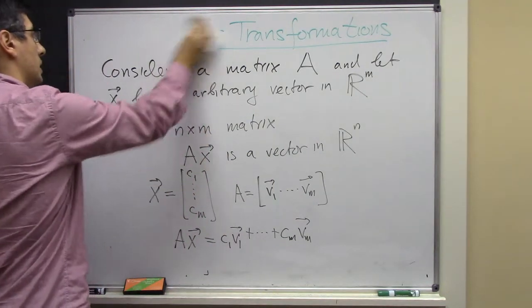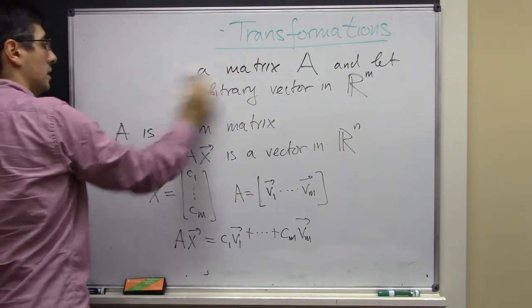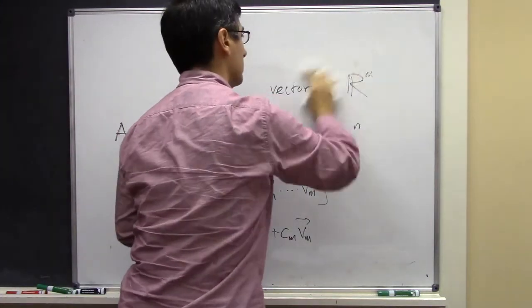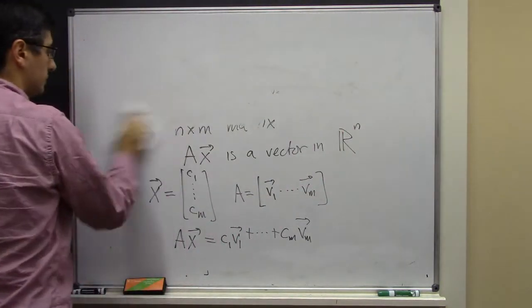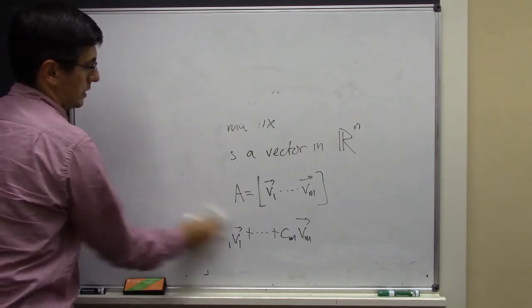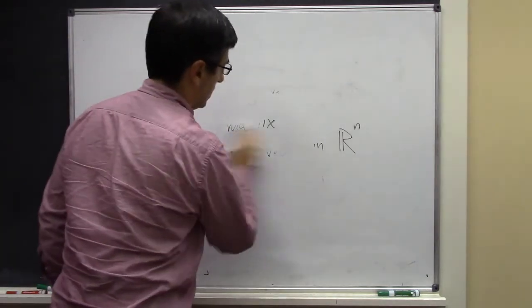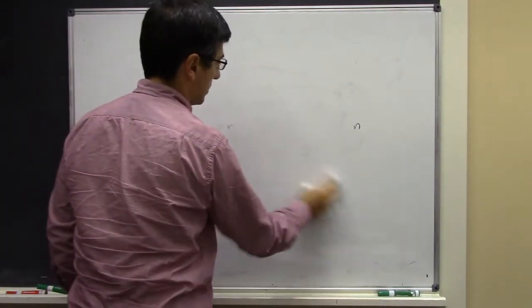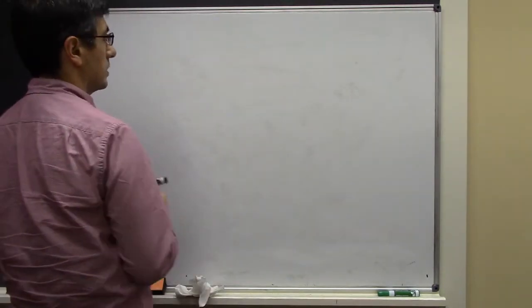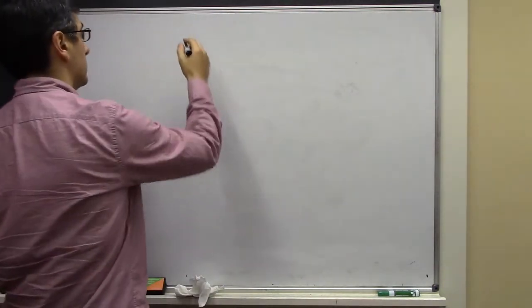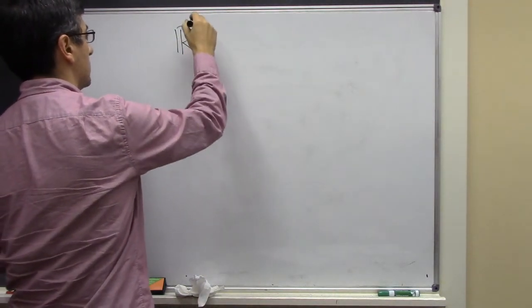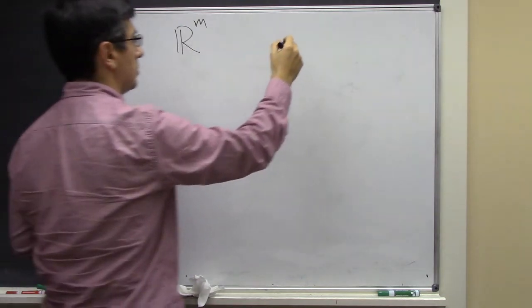So abstractly, a matrix transformation, if you want, for now, will be a rule where you assign to every vector in R^m a vector in R^n. This seems rather abstract, but bear with me, we will get to the example.